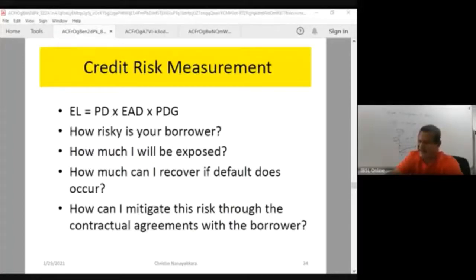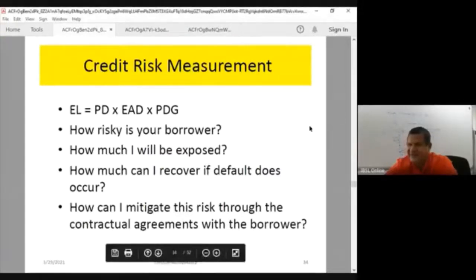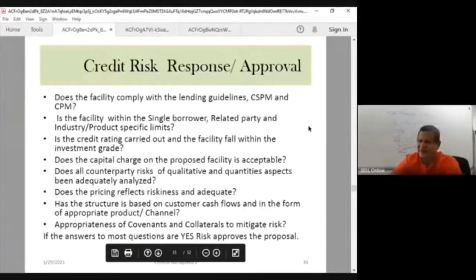So generally, based on internal rating, you should be able to tell there will be expected loss, and to secure that loss, you need to have some kind of collateral or arrangement so that the bank will not have a credit risk exposure to that particular client. So that's what I call credit risk measurement.